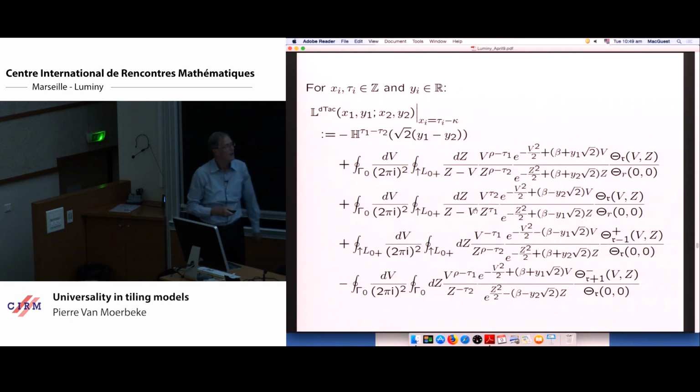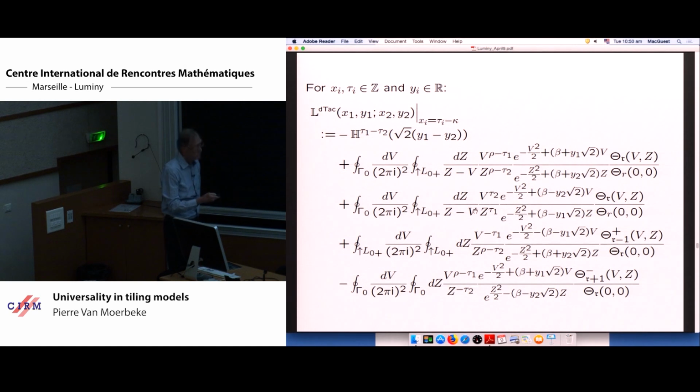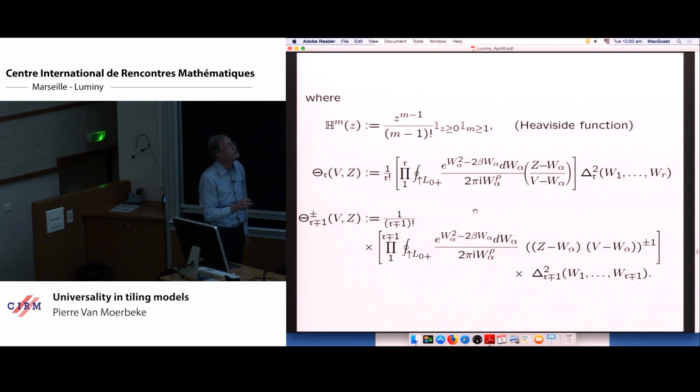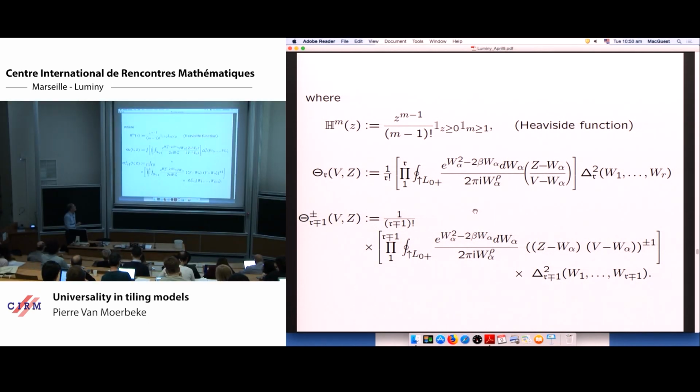Let me tell you what these theta r's are. They are basically GUE averages of certain rational functions, but with a pole, and the pole depends on the width of the strip, on that width rho. So all these things come in.